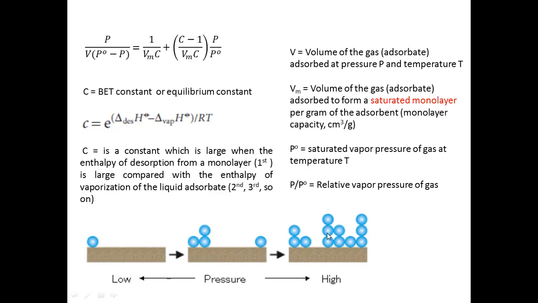And if you consider the second layer, it is adsorbed on the first layer. So all the first layer molecules, second layer molecules or third layer molecules are the same. Let's suppose these are gaseous molecules. So they will be gases, or if they are liquid, they will be liquid.